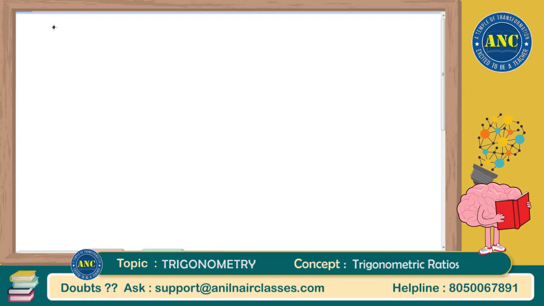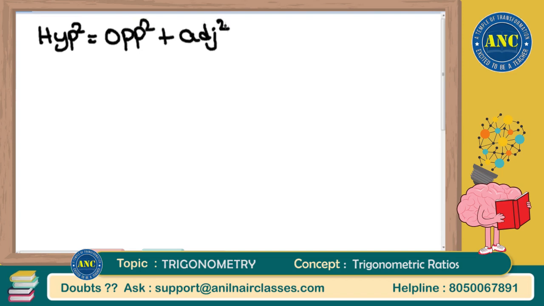Now if you remember, think logically, sir. Hypotenuse square is equal to opposite square plus adjacent square. This is nothing but Pythagoras theorem, and I told you that suppose for example I divide both sides by hypotenuse square. If I divide both sides by hypotenuse square, this becomes like this, right?